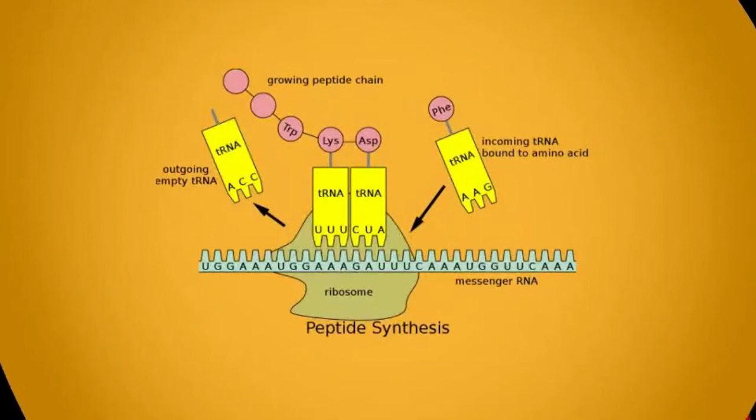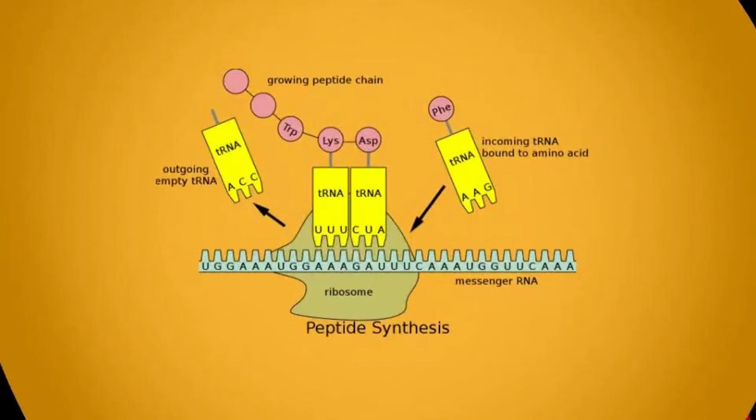So, just to go over that again, mRNA from transcription moves out of the nuclear pore and attaches to a ribosome. On the ribosome, the tRNA has an anticodon complementary to every codon present on the mRNA, binds to the mRNA, and then at the opposite end of the tRNA, there is an amino acid attached.